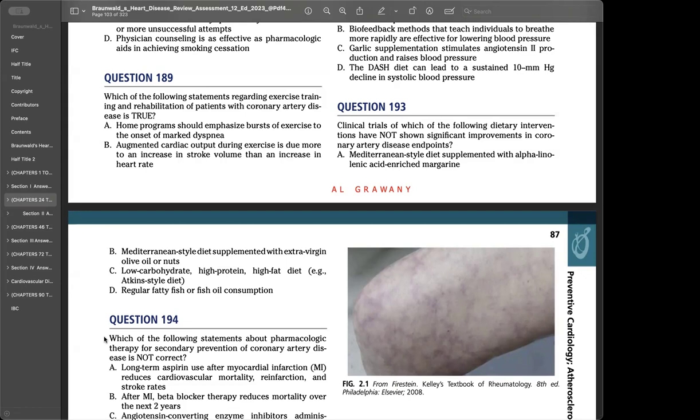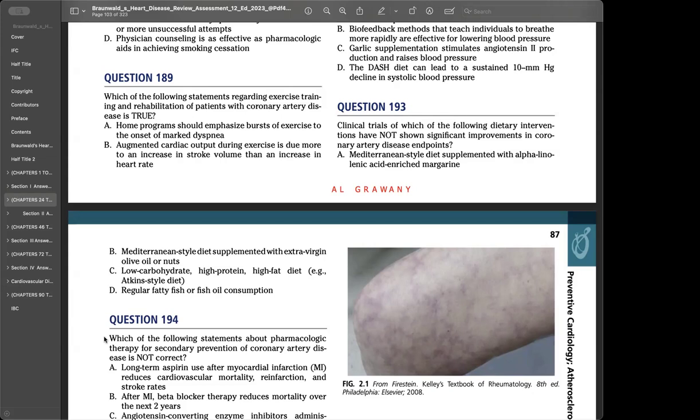It was found that people on this Mediterranean diet with enriched margarine had a significant reduction in all-cause mortality and non-fatal MI when compared with the control group. So looking at this first option A, it is a true statement. It has been shown to have significant improvement in coronary artery disease endpoints.